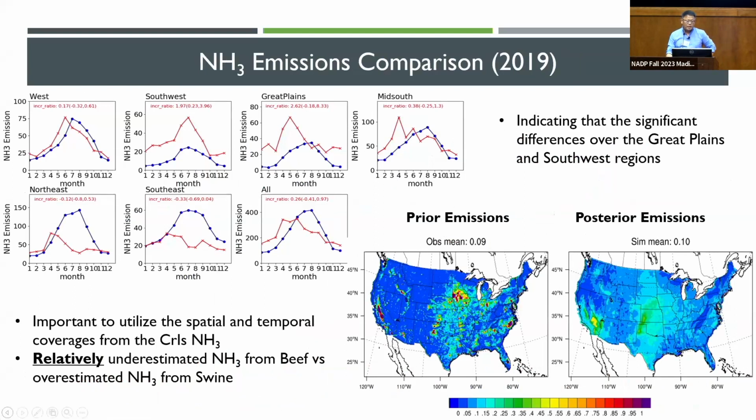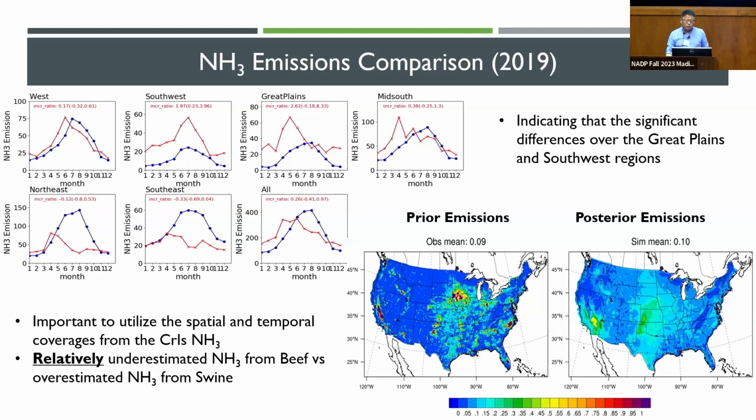If you look at the west, southwest, and Great Plains, the blue is the CMAQ estimated ammonia concentration, while red is satellite driven. You can see it is well correlated in some areas, while other areas not. I think one of the interesting ones is ammonia in the northeast and southeast, where humidity plays a role, as well as a lot of rainy season.